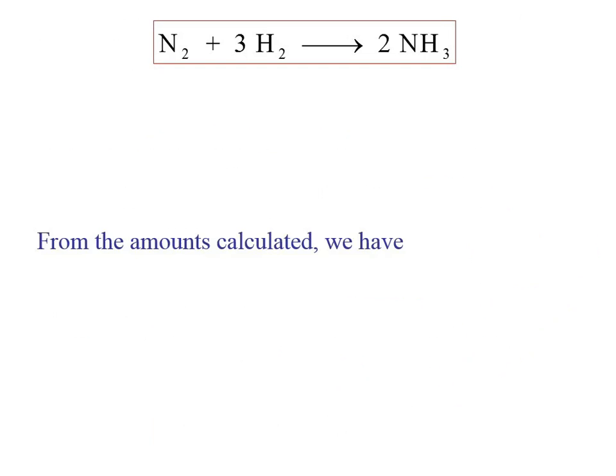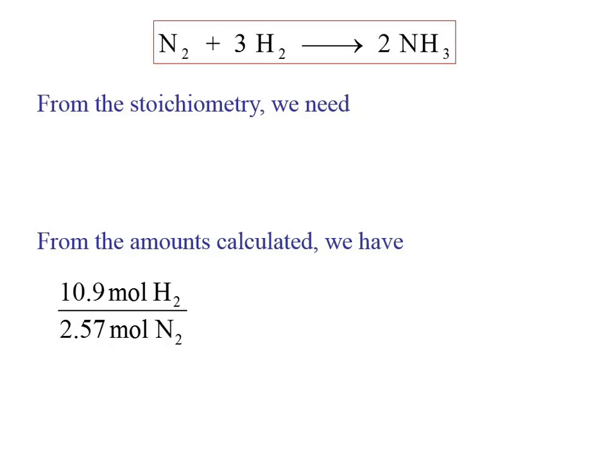So what we have is 10.9 moles of H2 for 2.57 moles of N2. Now what we need is another ratio, and it's 3 moles of H2 over 1 mole of N2. That's what we need.